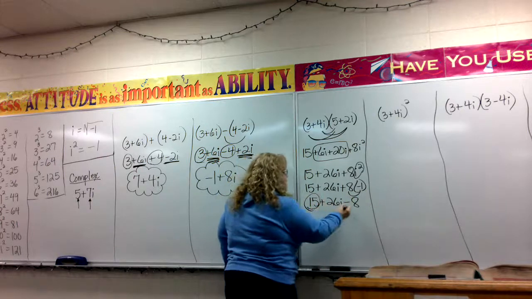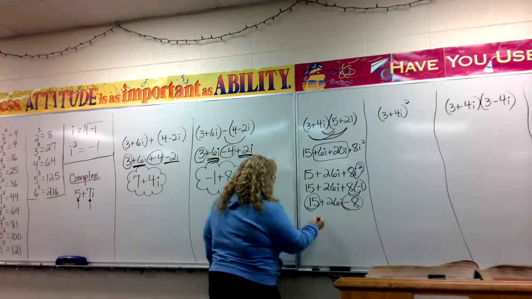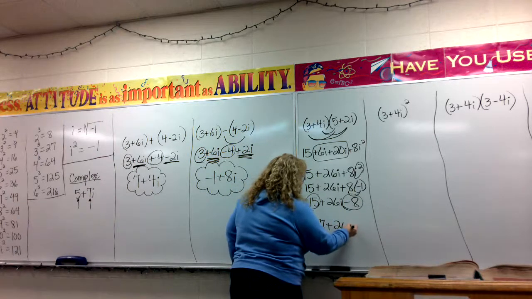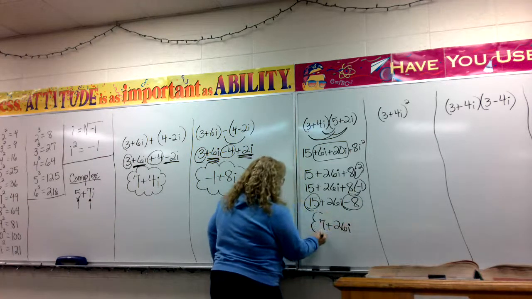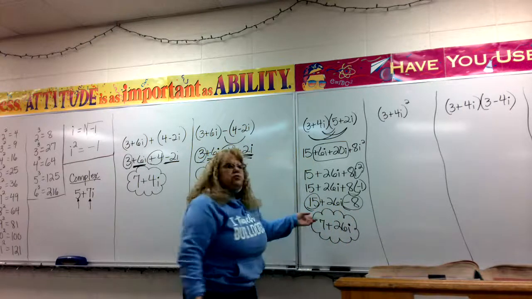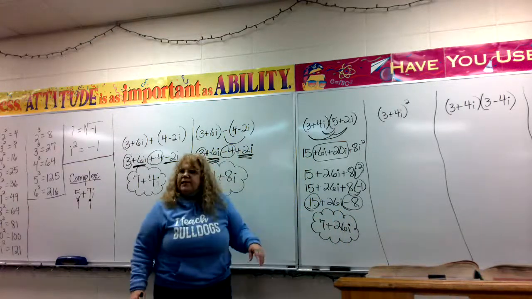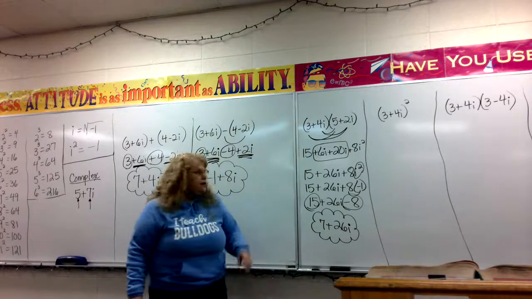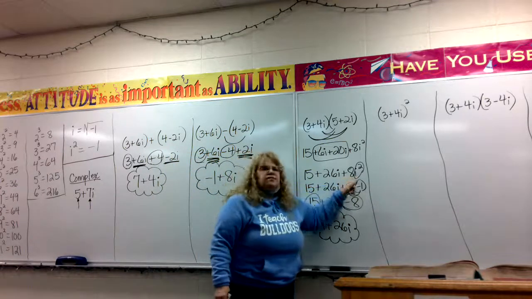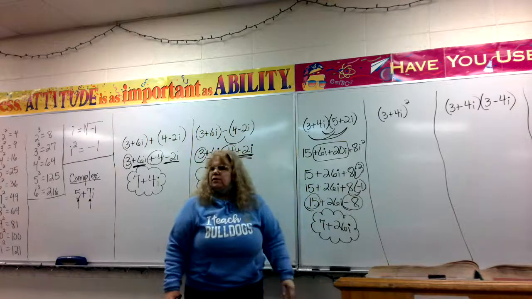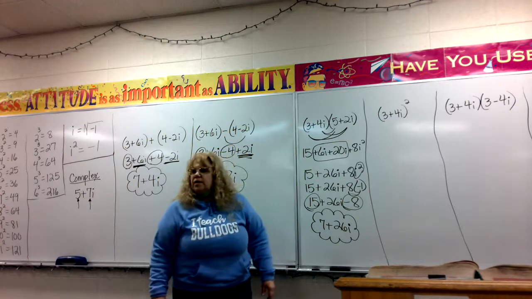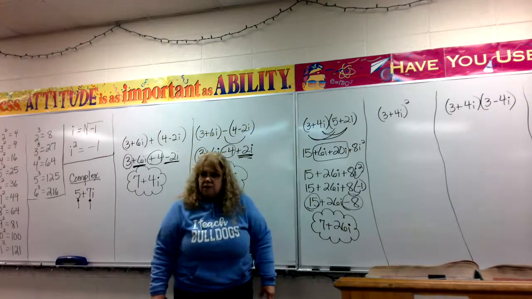And now you can combine the 15 minus 8. Looks like 7 plus 26i, right? So the only difference between this and regular FOILing, it is regular FOILing, but at the end you have to replace the i squared with the -1. That's not too bad, right? Questions so far?